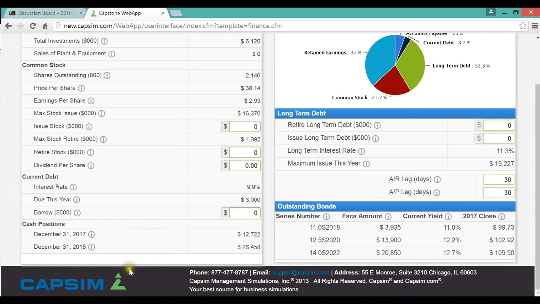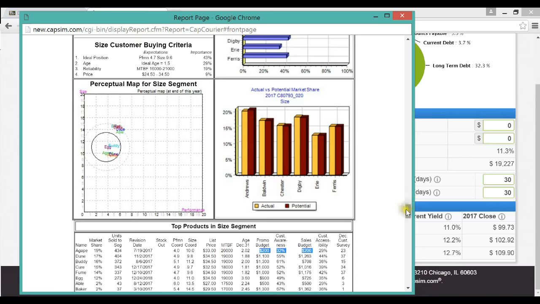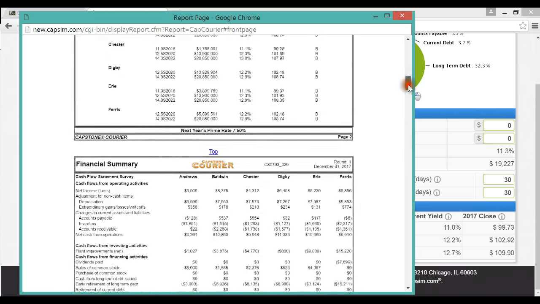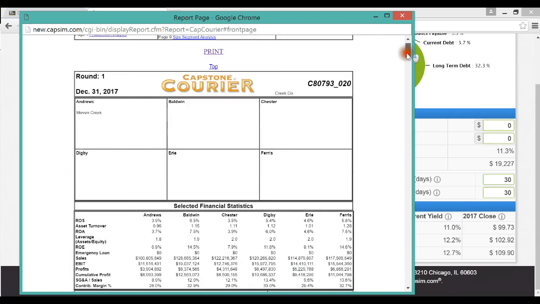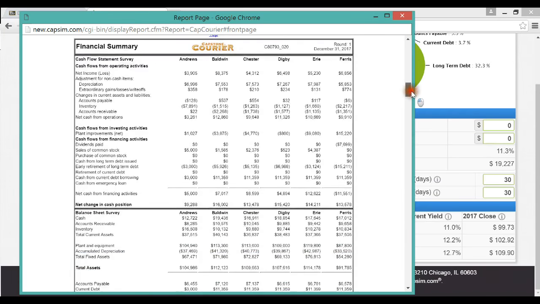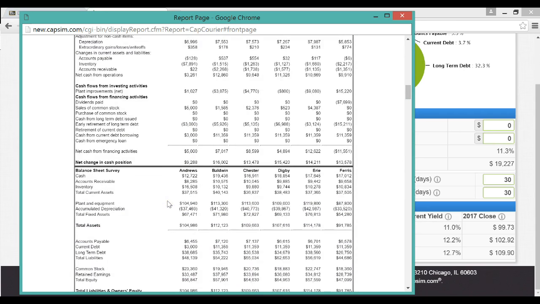And if you recall, back on the Capstone Courier, we saw a problem potentially with our debt because our competitors had relatively higher amounts of current debt than we did, which is shown right here. They're all at 11 million and we're only at 3 million.